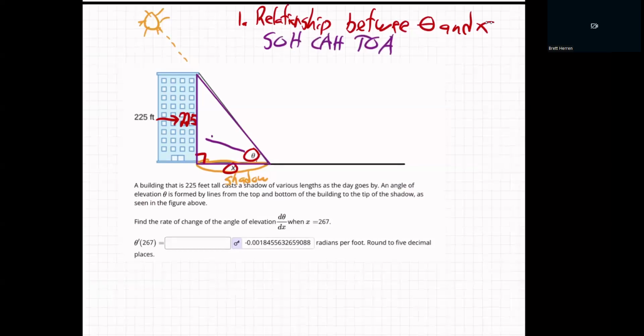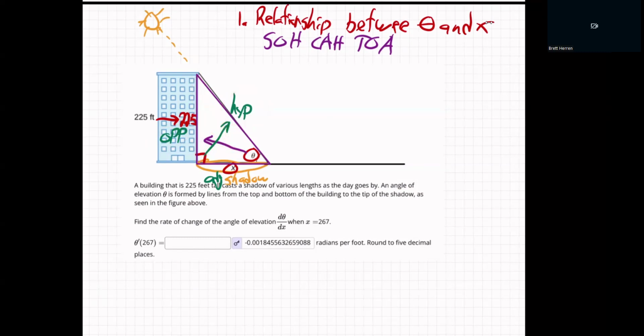This is the side opposite the angle theta. This is the side across from the right angle, so this is the hypotenuse. So this shadow must be the adjacent side. Adjacent means it's next to theta. This side is next to theta. This side over here is across from it, so it's opposite theta. And the one across from the right angle is always the hypotenuse.